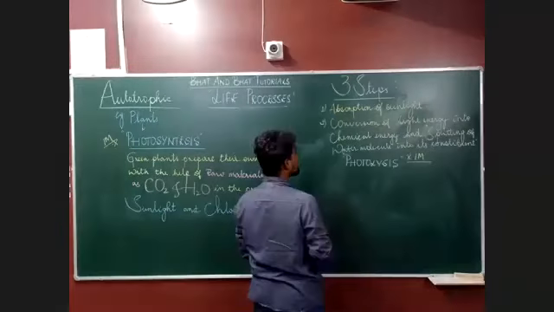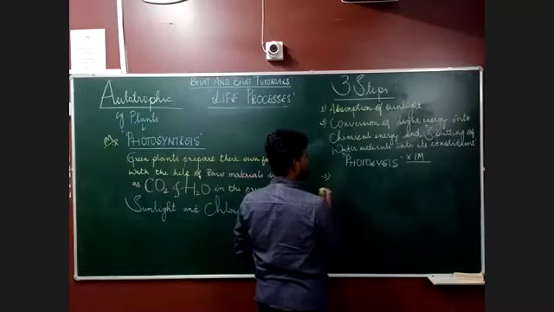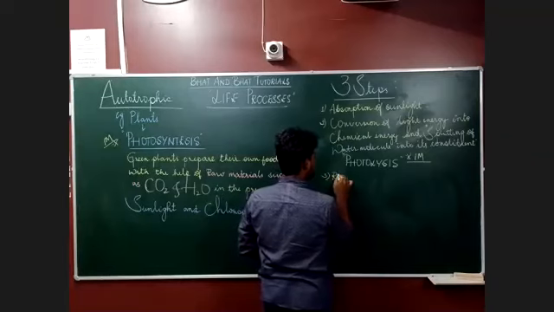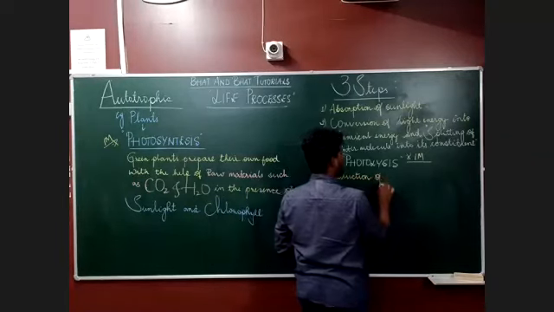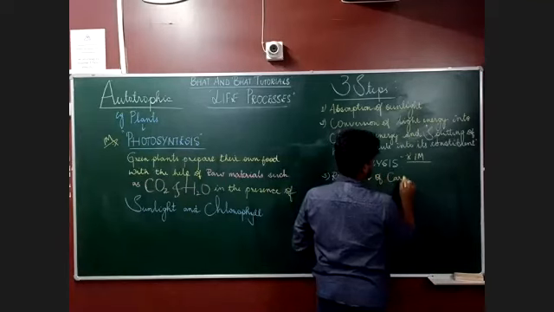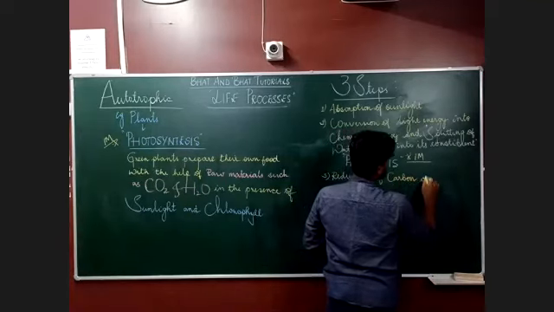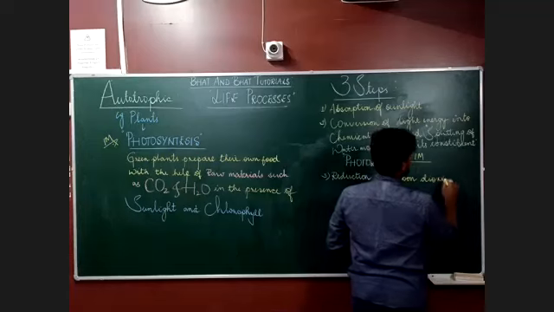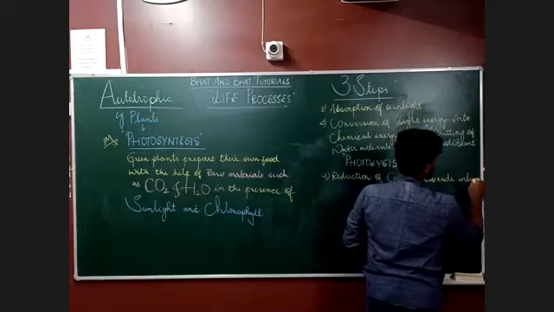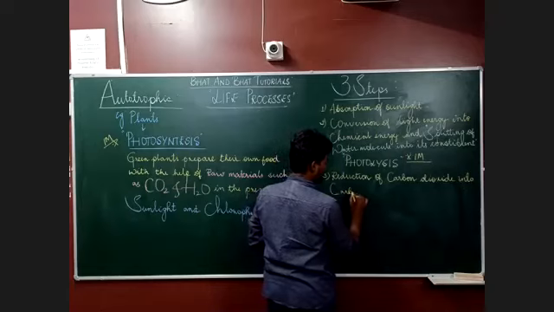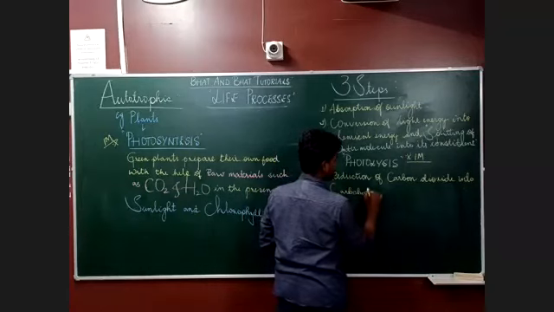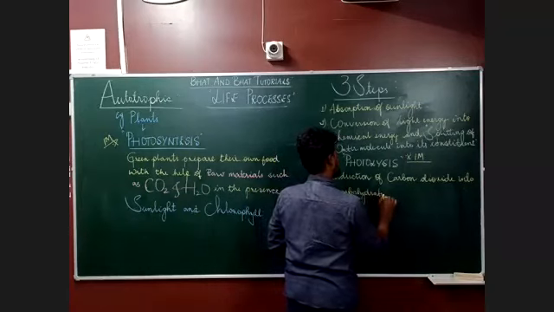And what is the third step in the photosynthesis process? It is the reduction of carbon dioxide into carbohydrates.